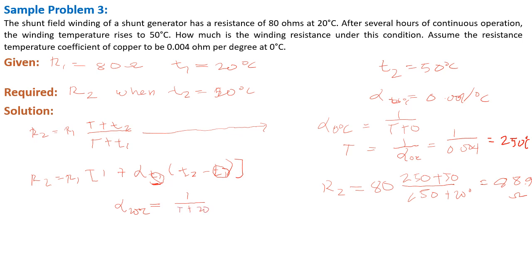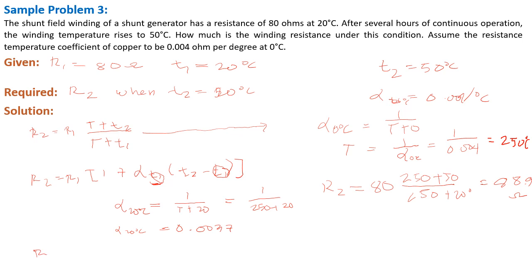Assuming we have already calculated this, you have 250 right here. So this is 1 over 250 plus 20. Your alpha at 20 degrees Celsius is equal to 1 over 270, which is equal to 0.0037.